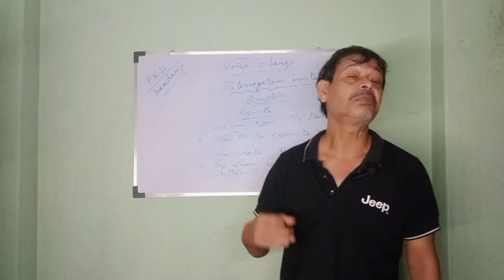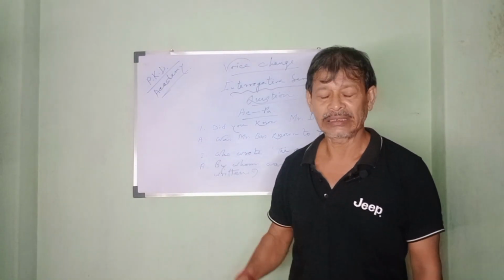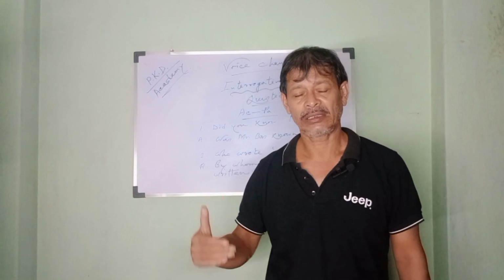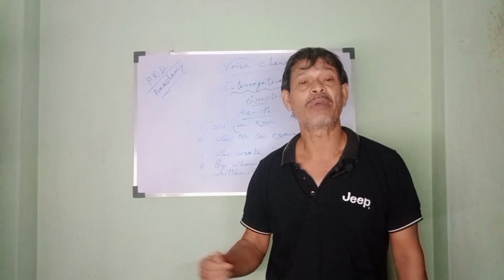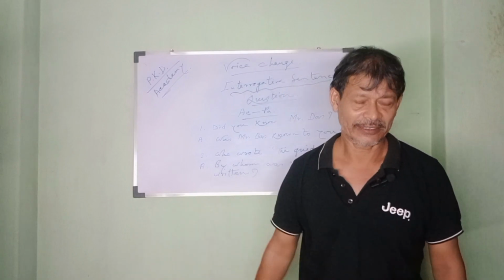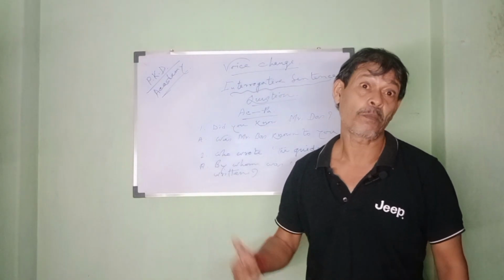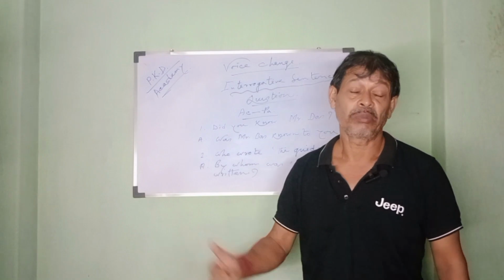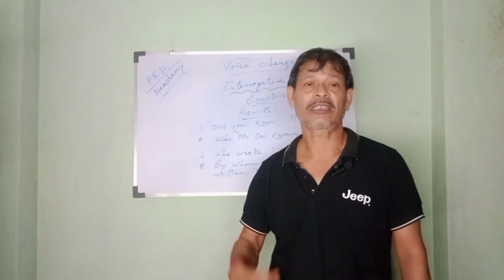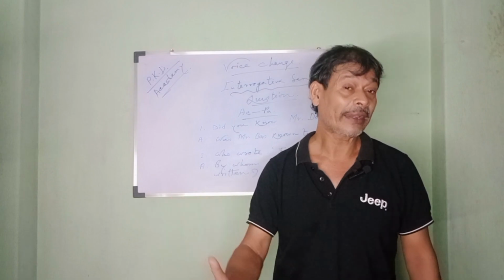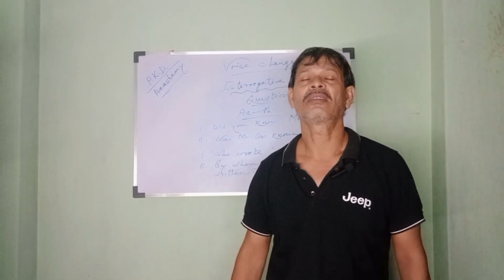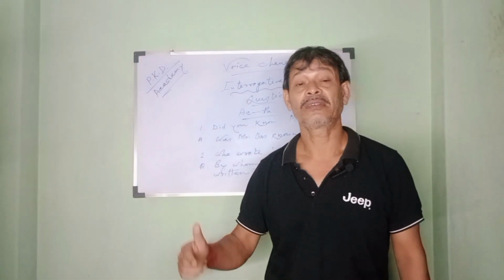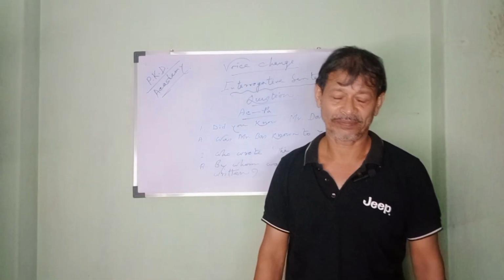In case of who only, in a WH question, you have to use the preposition by at the very beginning, such as by whom. By whom, according to the tense and the subject, was or were. The subject is the guide, singular. By whom was the guide written?